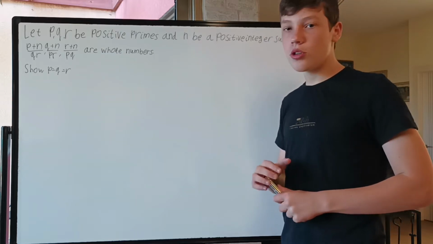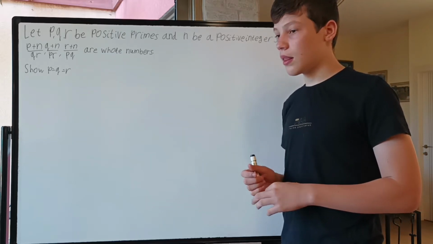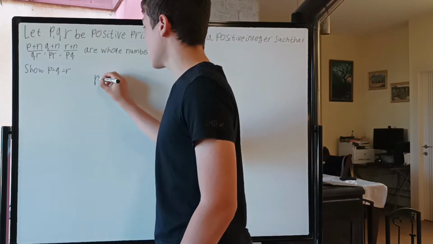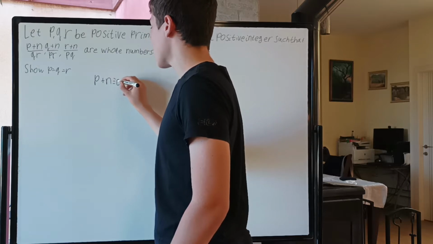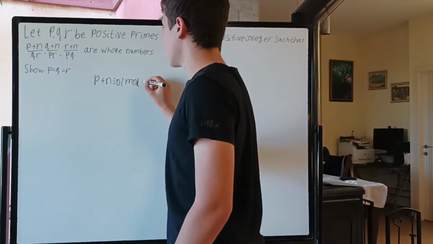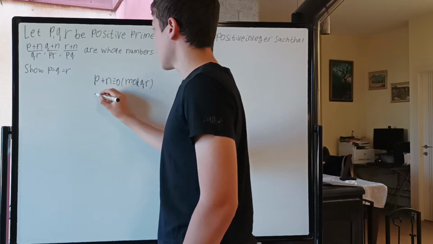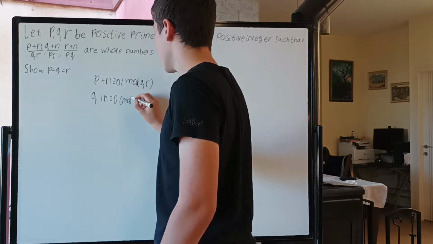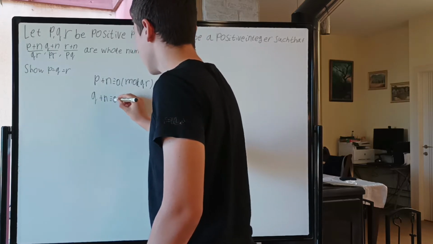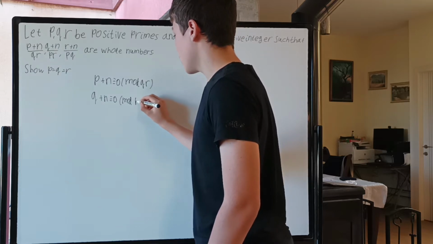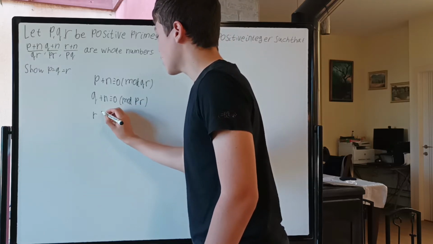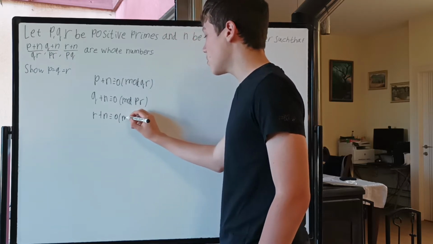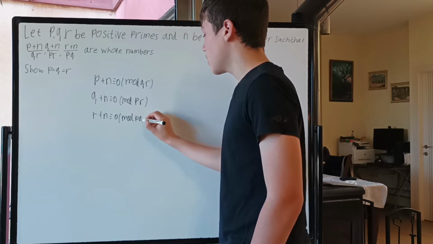So first of all, what we're going to do is to look at this in the modular language. So this is the same as saying P plus N is congruent to 0 mod QR, Q plus N is congruent to 0 mod PR, and R plus N is congruent to 0 mod PQ.